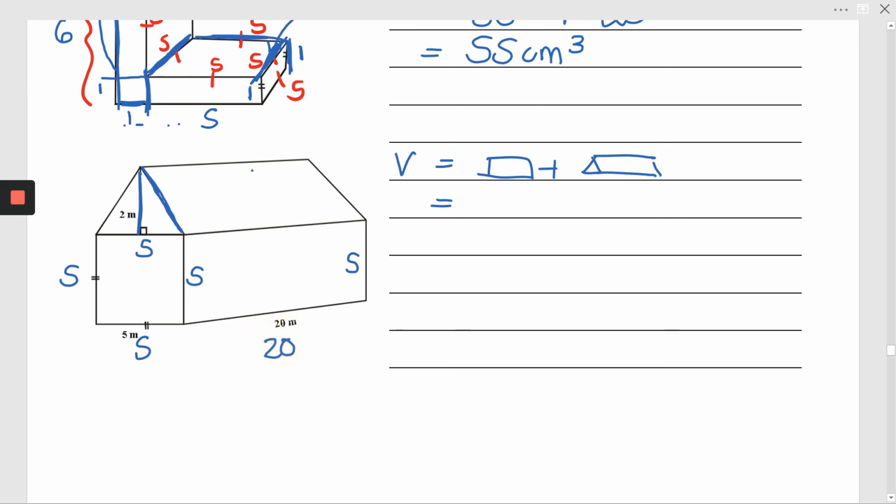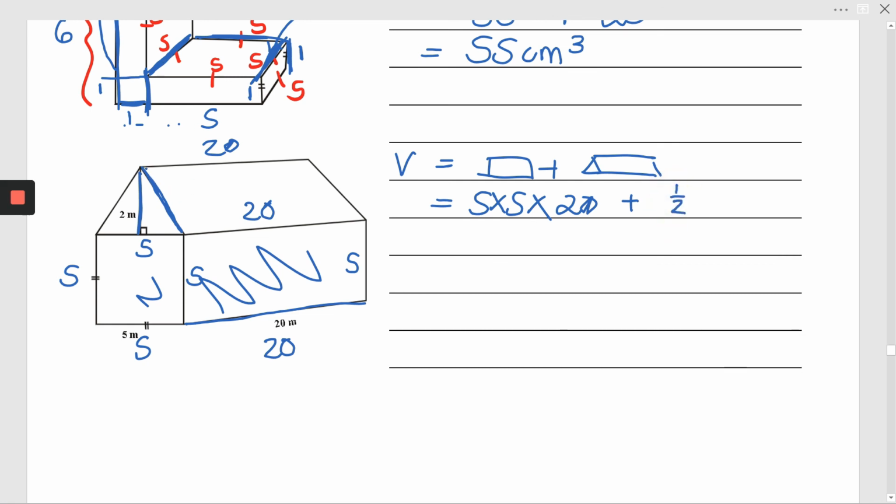Here I've got 20, which means that's 20, and that is 20 as well. Okay, length times breadth times height of the rectangular prism, the bit at the bottom, is going to be 5 times 5 times the 20. The triangular prism is going to be half base times height of the little triangle.